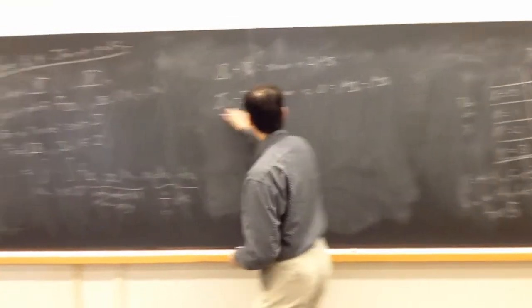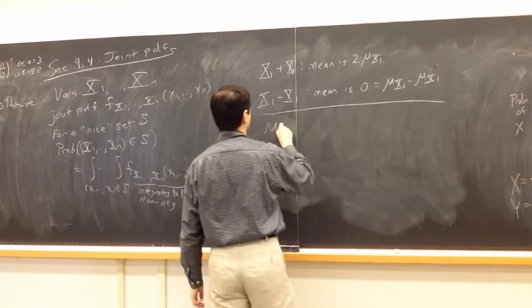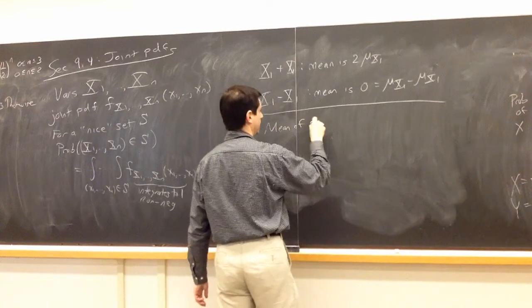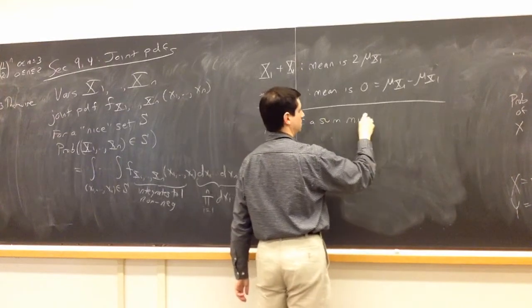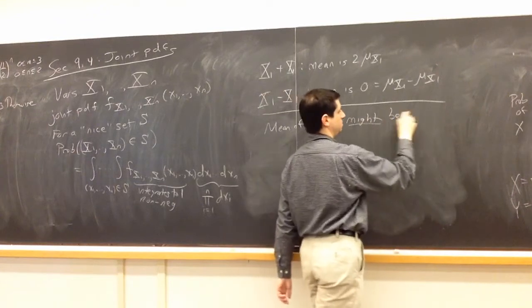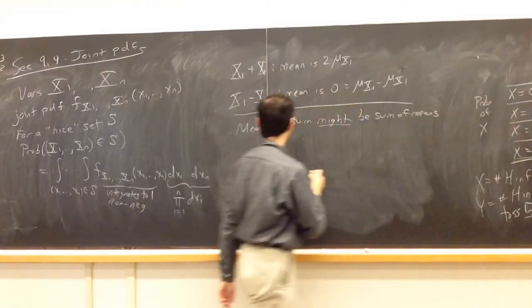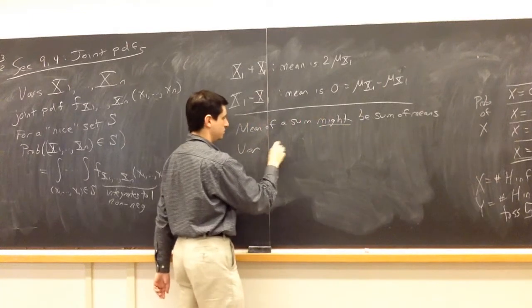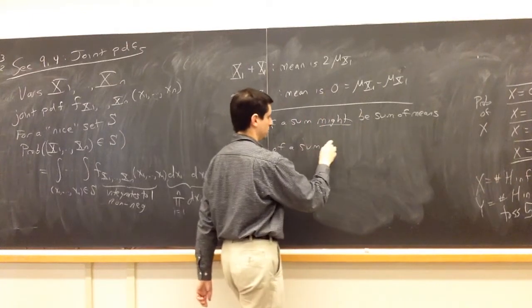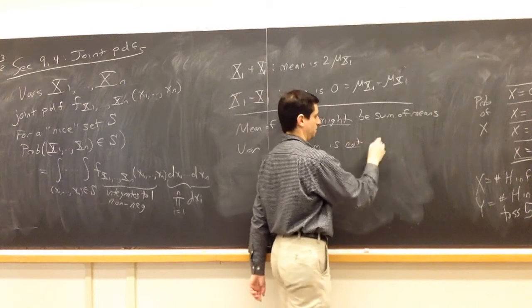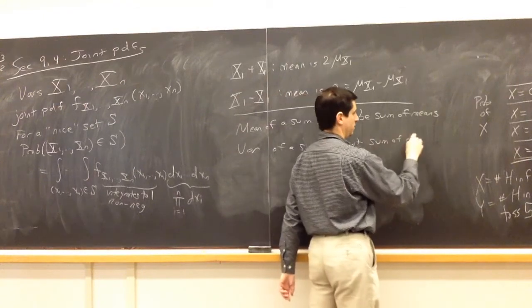Okay. So mean of a sum might be sum of means. Variance of a sum is not the sum of the variances.